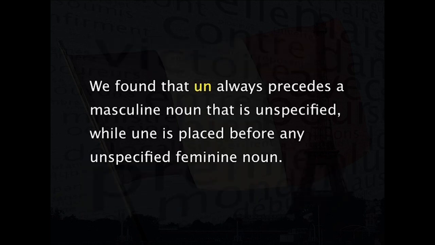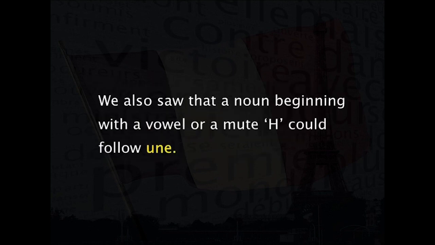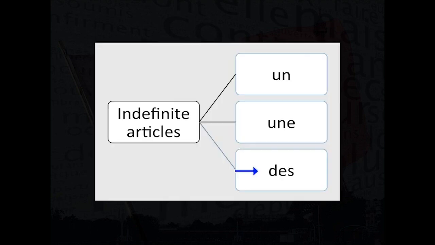We found that un always precedes a masculine noun that is unspecified, while une is placed before any unspecified feminine noun. We also saw that a noun beginning with a vowel or a mute h could follow une. And finally, we learned that the indefinite article des precedes every plural noun that is unspecified.